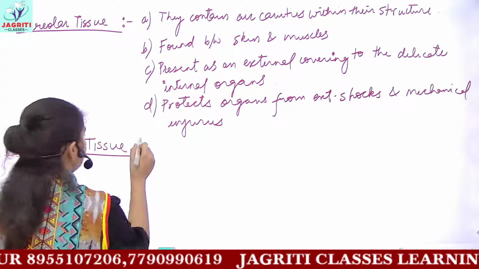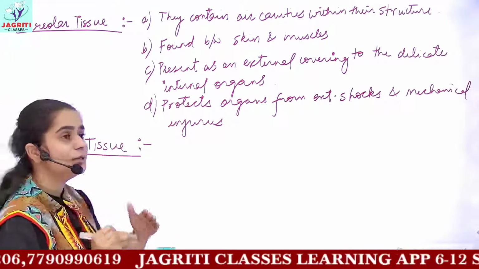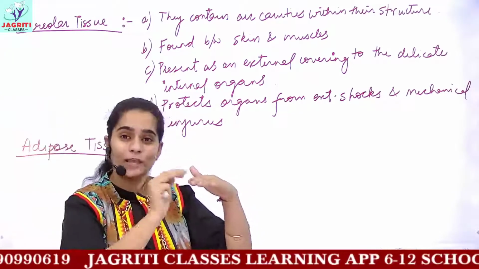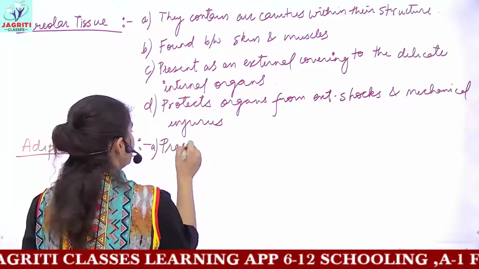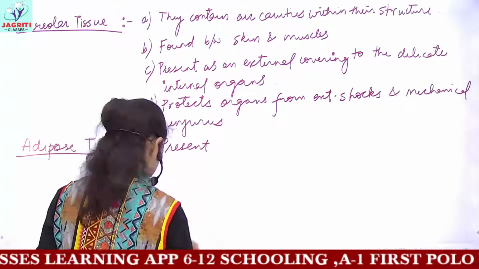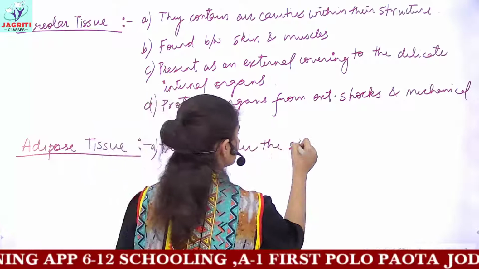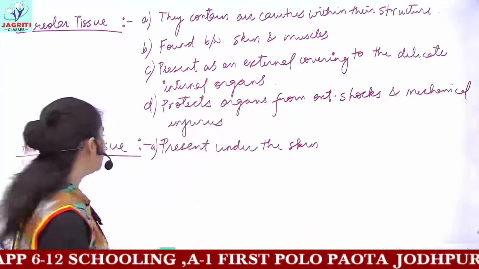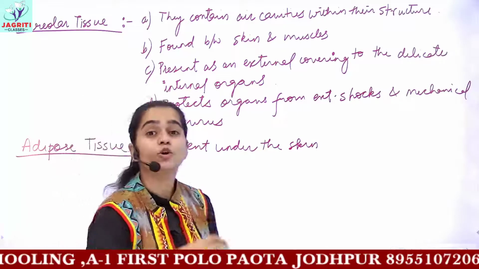So what do we mean by adipose tissue? This adipose tissue is present below your skin. So the first point is that adipose tissue is present under the skin. Then the next point: as it is a tissue, we know that tissues are made up of a group of cells.